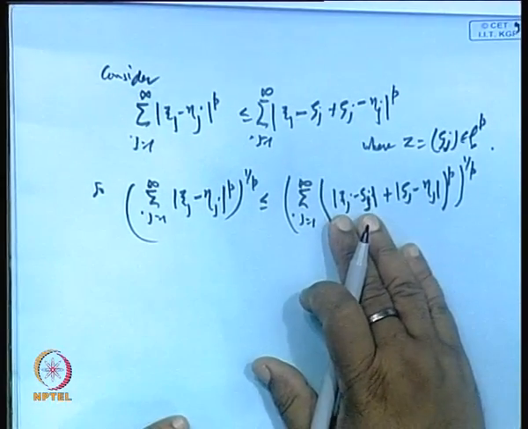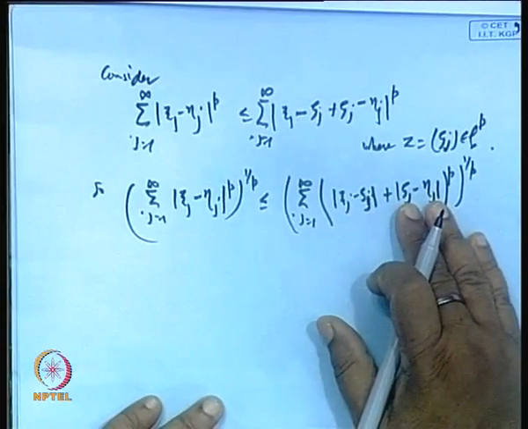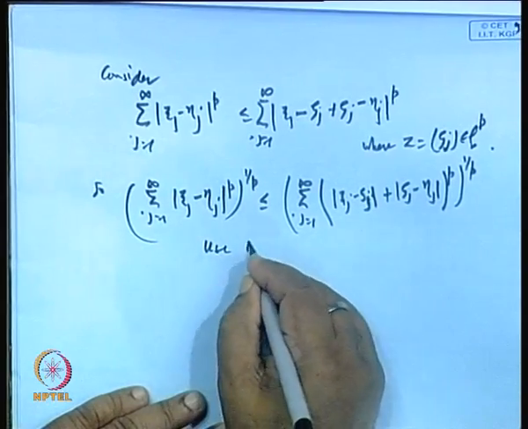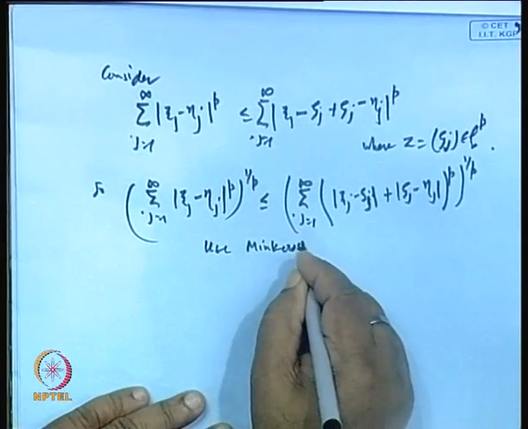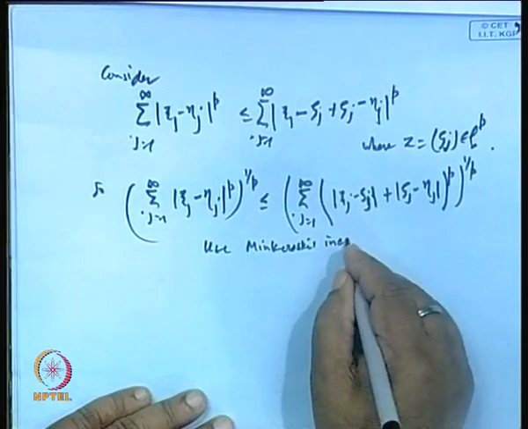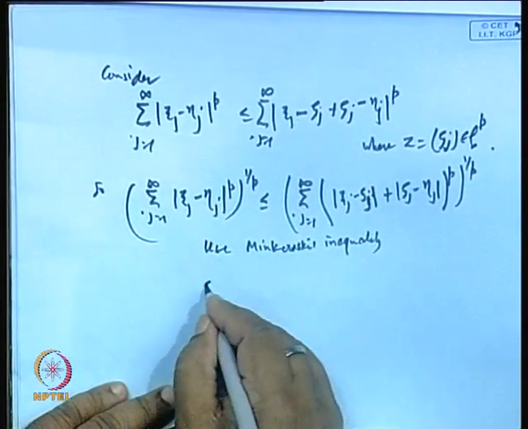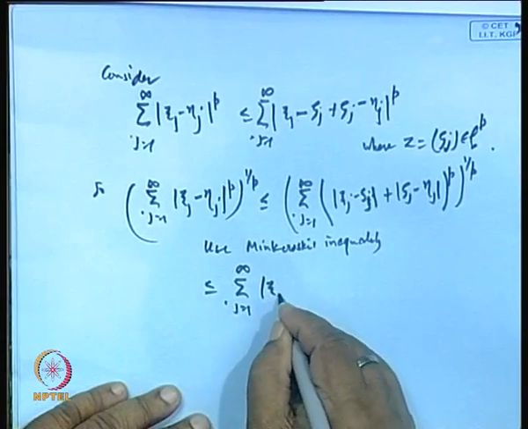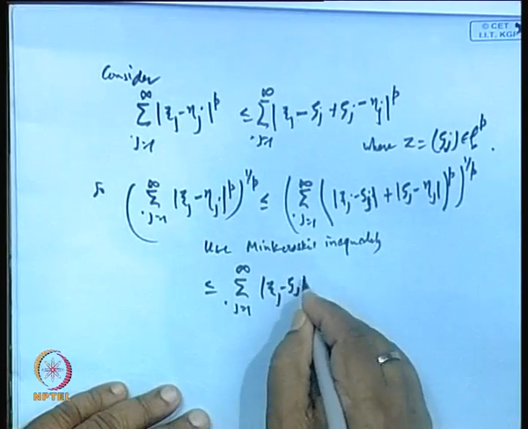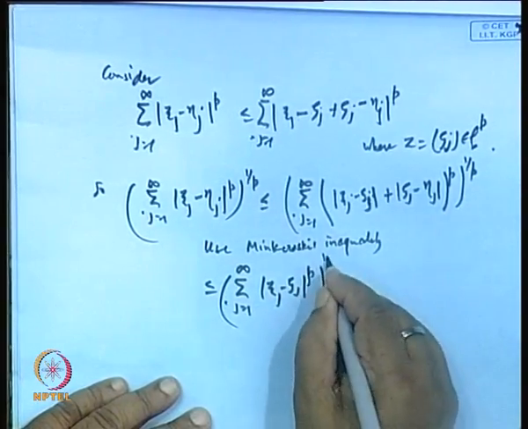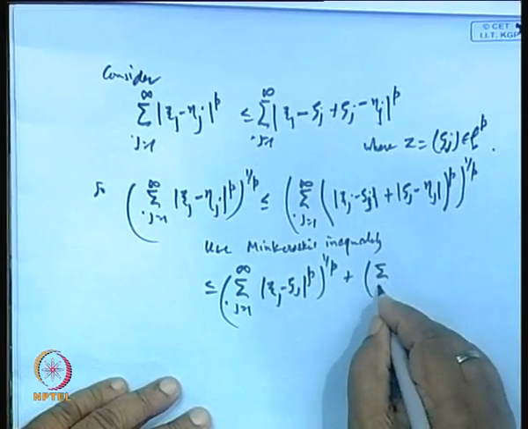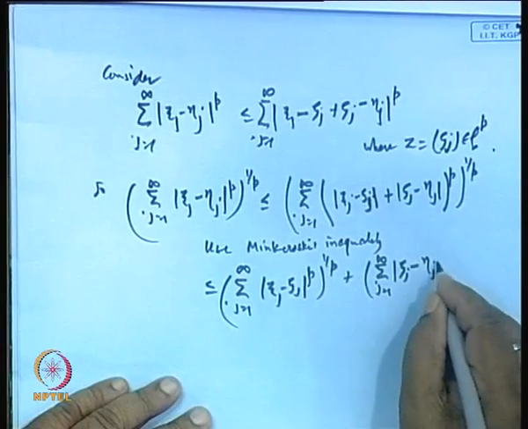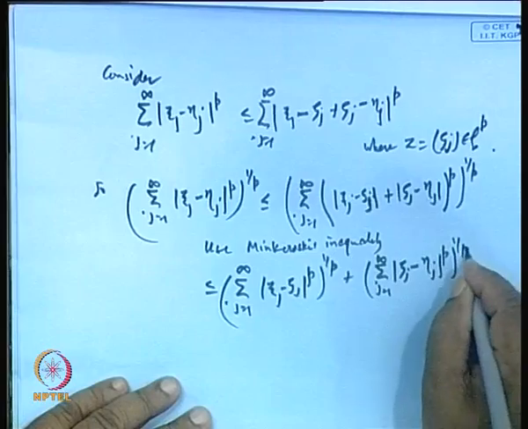This is as good as the two sequences xi and eta, mod of xi plus eta, power p, power 1 by p. So, you can use the Minkowski inequality, we get this is less than or equal to sigma j is 1 to infinity mod of xi j minus zeta j, power p, power 1 by p, plus sigma j is 1 to infinity mod of zeta j minus eta j, power p, power 1 by p.